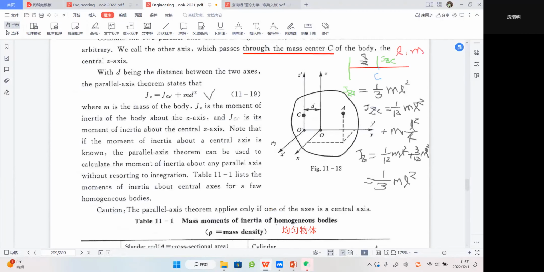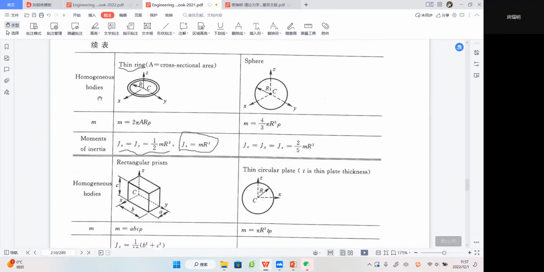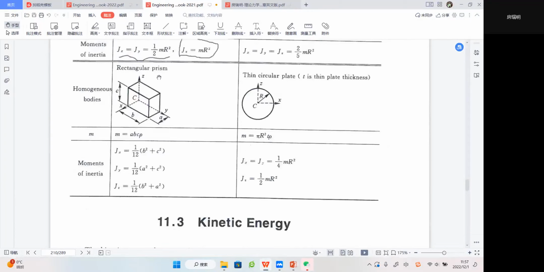Because we will always use these terms to do our axis, to tackle some problems, right? So the final thing is we have a homogeneous body. The shape is a rectangular prism, 长方体.